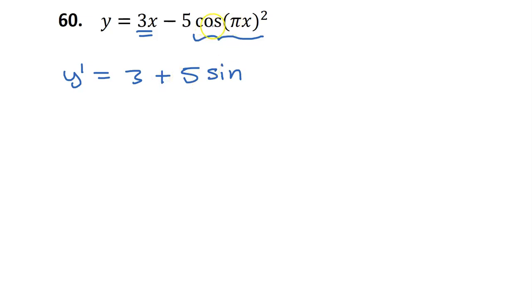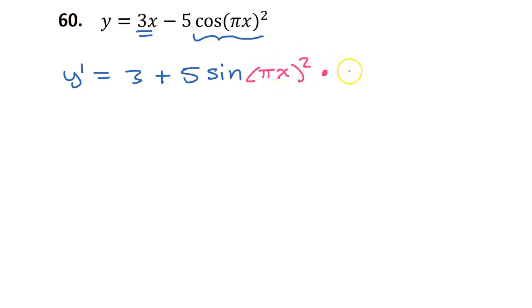So I took the derivative of the cosine. And for now, I'm going to leave the stuff inside alone. So we still have this pi x squared. So next, we need to take the derivative of this red stuff inside. But this is still chain rule, where the outer function is the 2.